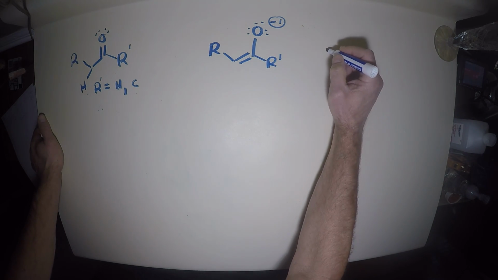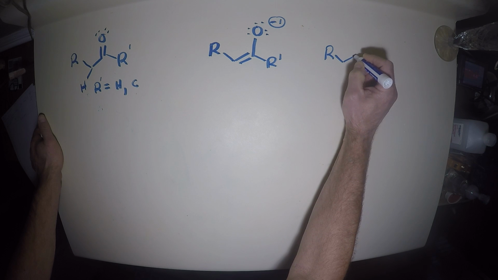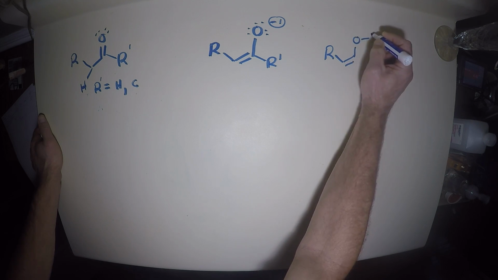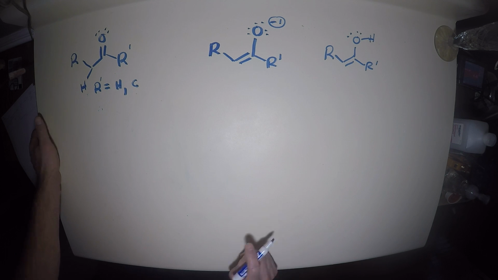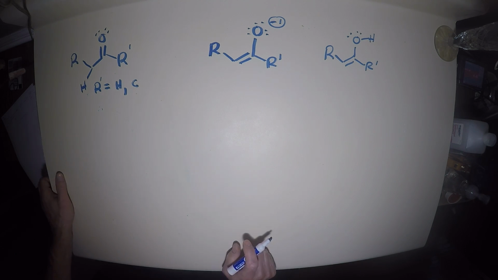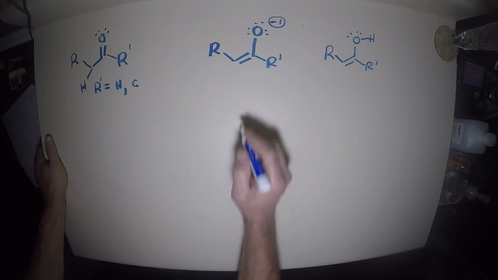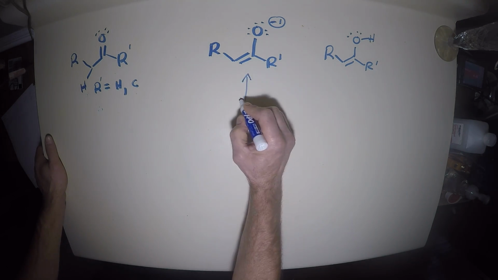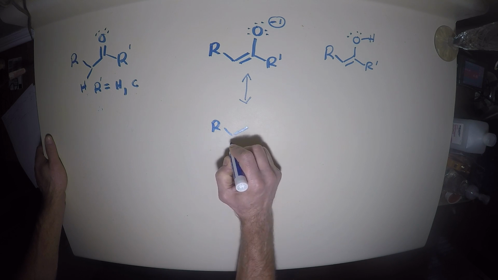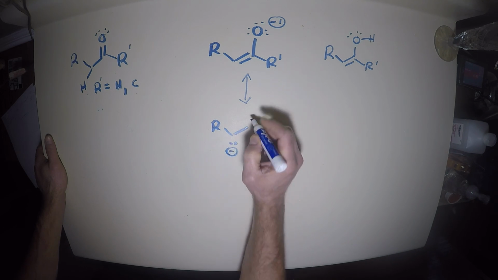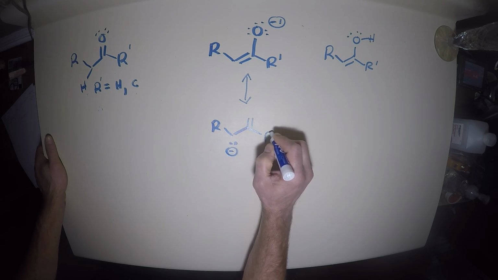And if we wanted to, we could show the enol. And if we wanted to draw resonance contributors to an enolate, which have the negative charge located on carbon, we could do that.